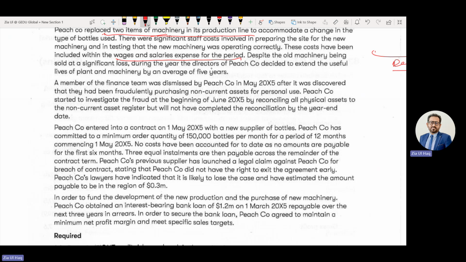During the year, the directors of each company decided to extend the useful life of plant and machinery by an average of 5 years, and still they are moving towards more useful life. There is a serious indication they are trying to overstate asset and profit, and understate expenses.